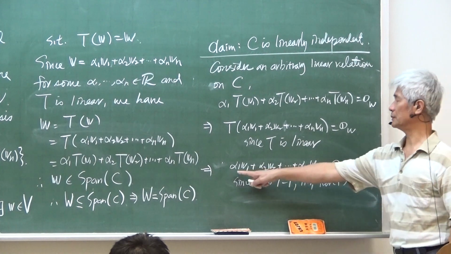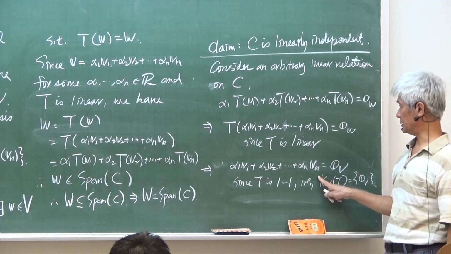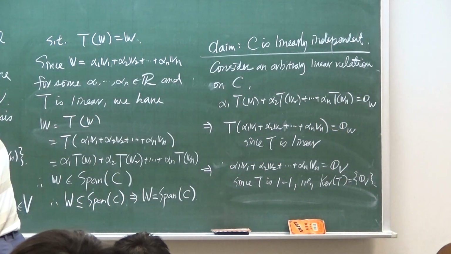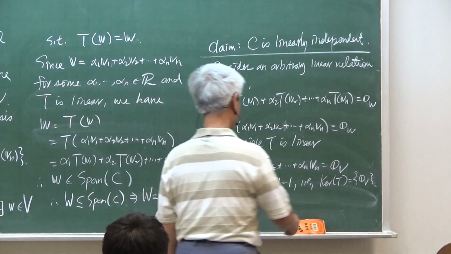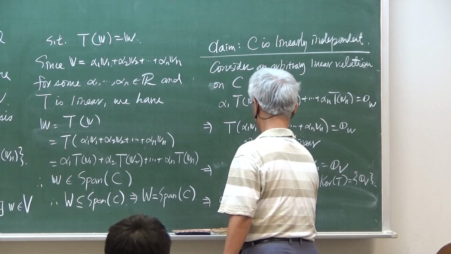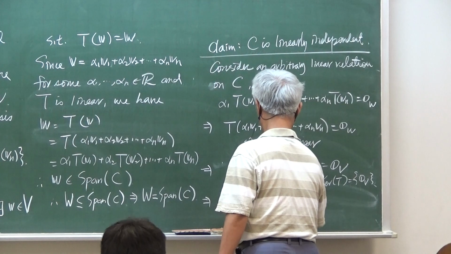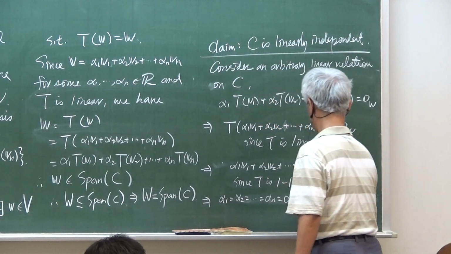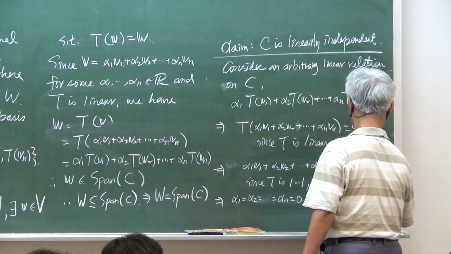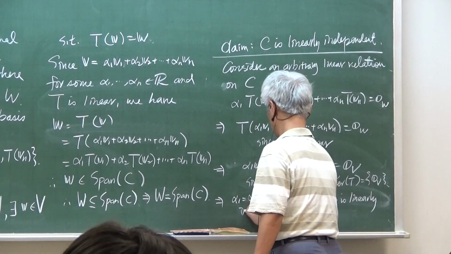Alright? So we have a linear relation on the set B. But B is linearly independent. So this implies that alpha 1 equal to alpha 2 equal to ... alpha n equal to 0, since B is linearly independent.